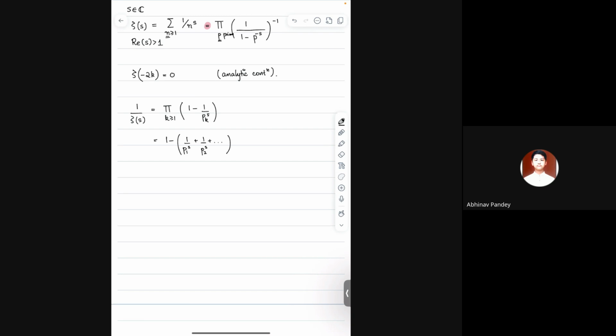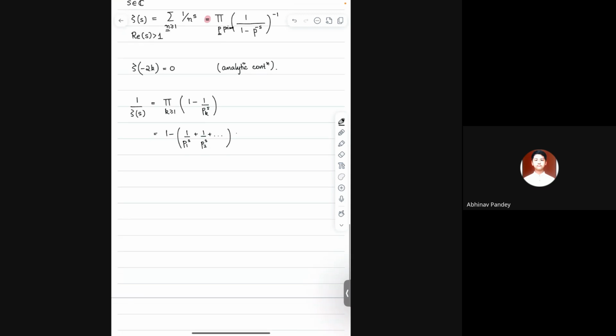So every prime is showing up exactly once in the denominator, plus 1 over P1s P2s, plus 1 over P1s P3s, and so on.